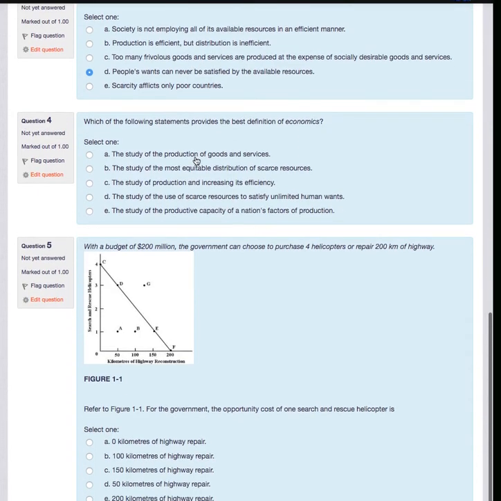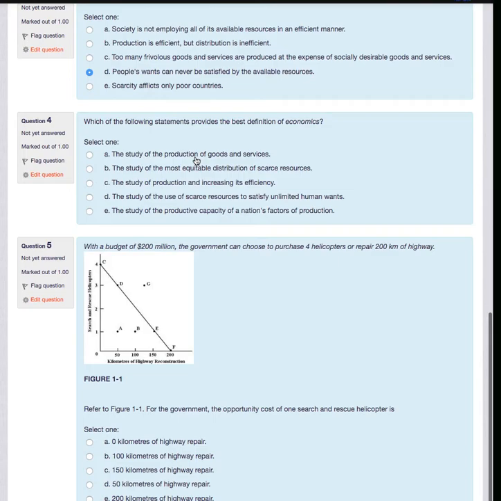Which of the following statements provides the best definition of economics? The study of the production of goods and services, the study of the most equitable distribution of scarce resources. Equity is a portion of it, but that's not the main thing. The study of production and increasing its efficiency.